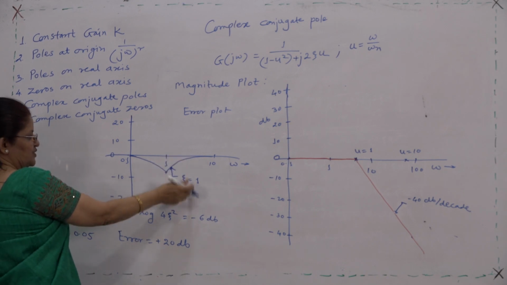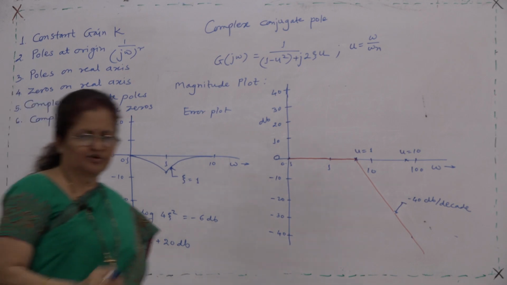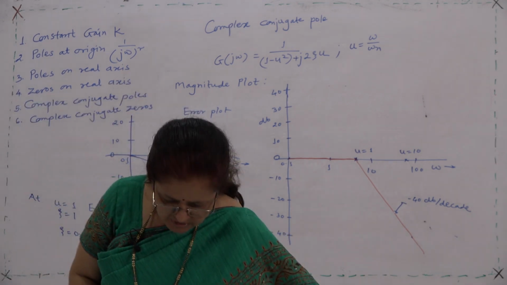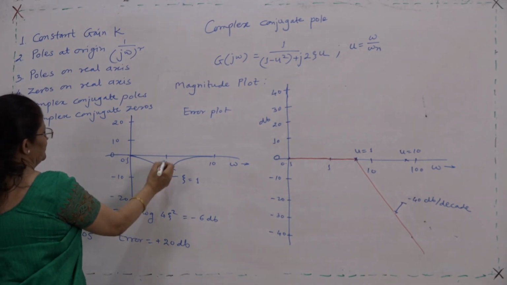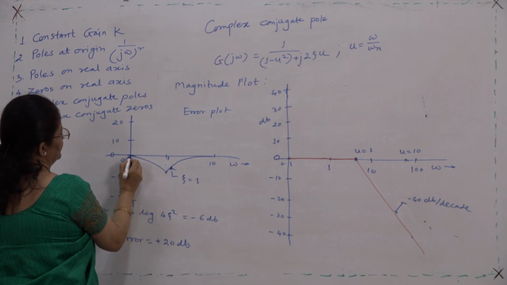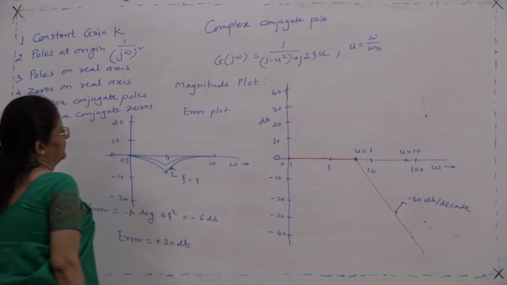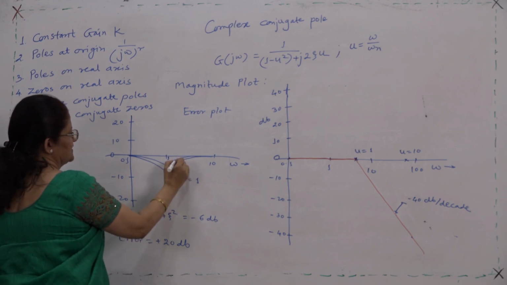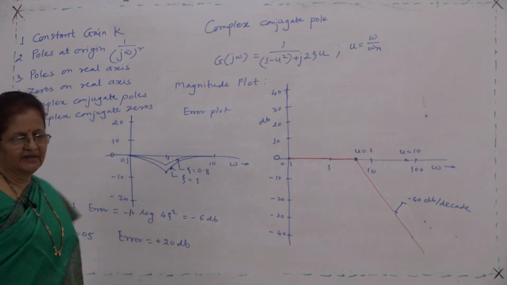Less than that, suppose 0.8, then what you will get? Substitute the value of zeta is 0.8, you will get the value is minus 4 dB. So, you will get somewhere here. So, this is for zeta is 0.8. Okay.